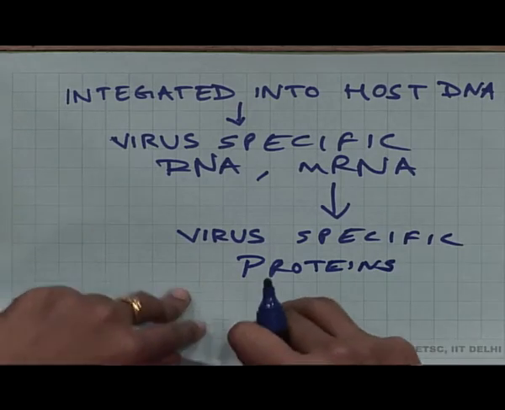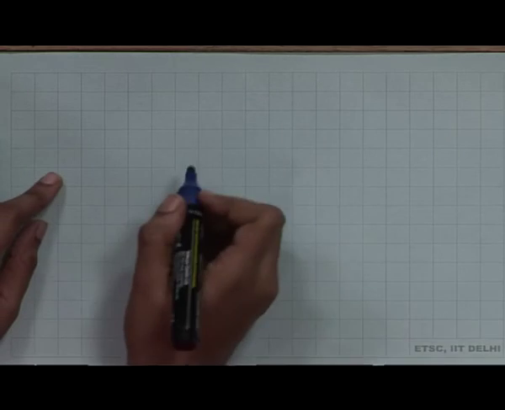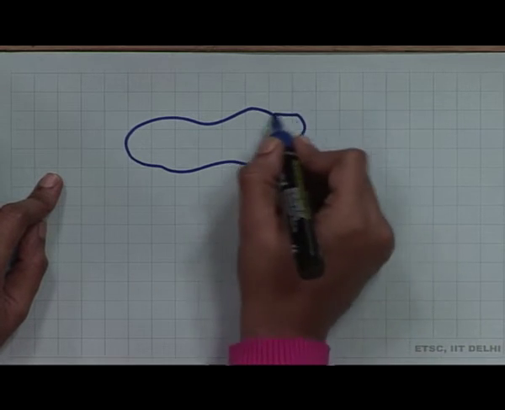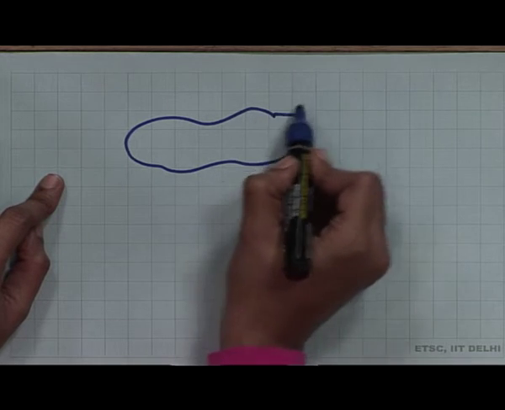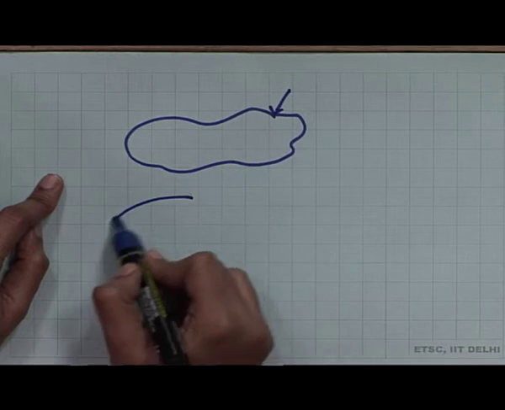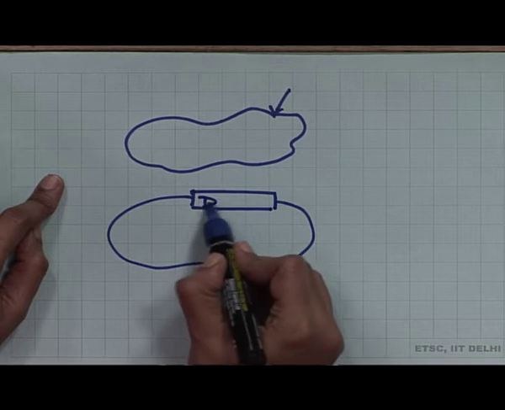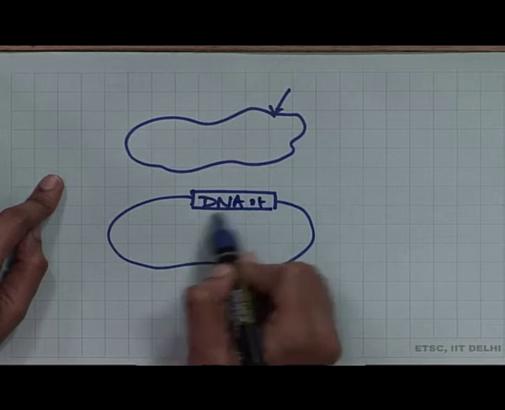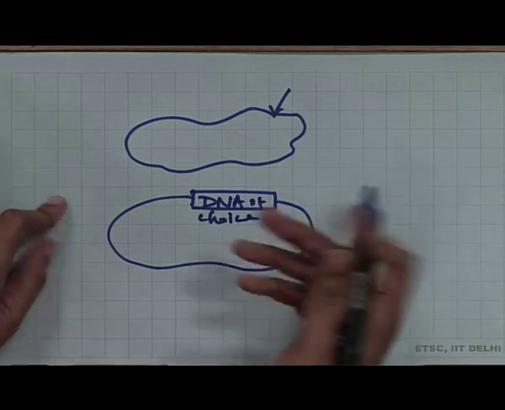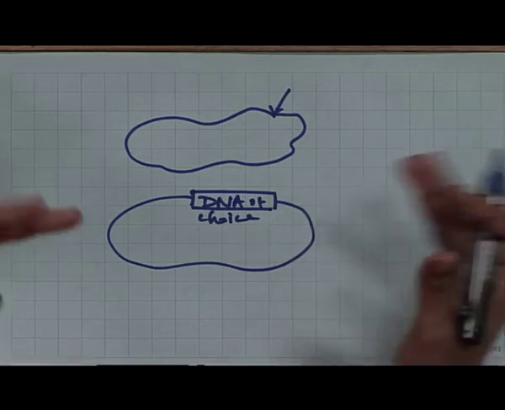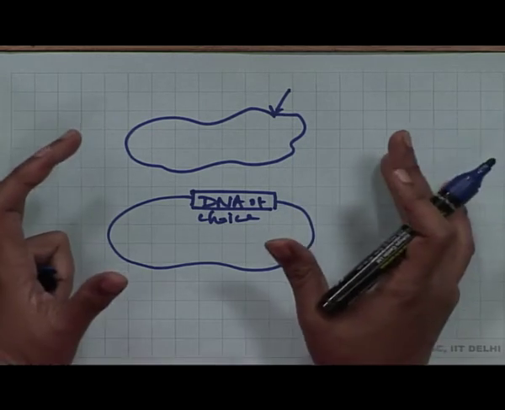So given this understanding, if we can take the virus genetic material, cut it out and insert the DNA of our choice, which may be a DNA that codes for a protein, maybe say insulin, or maybe some other protein, maybe an immunoglobulin.